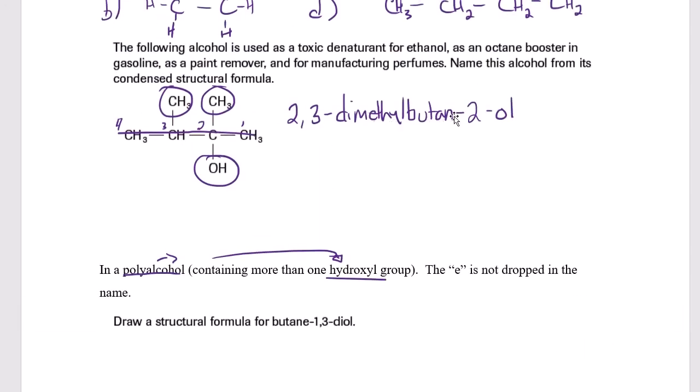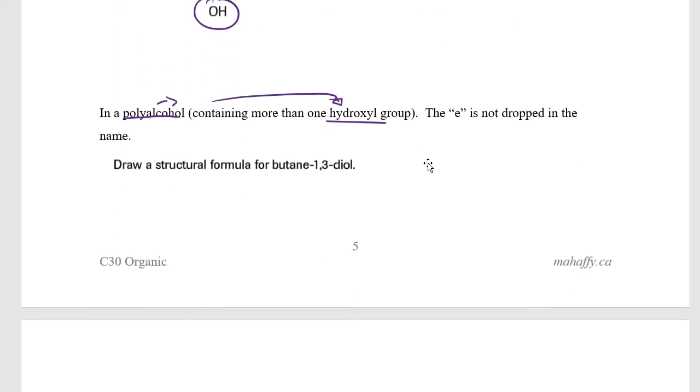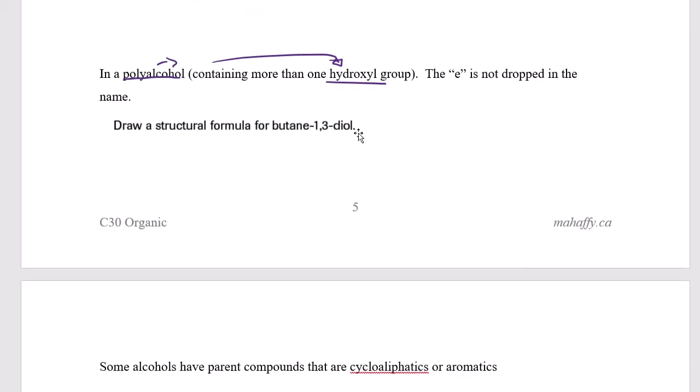It's not butane-2-ol, it's butan-2-ol. But in a polyalcohol, the chemists have decided to leave the E. The E is not dropped if you have a polyalcohol. You'll have to watch this one when you're doing the Moodle quiz, to make sure that you leave the E in there when you're naming your structure.